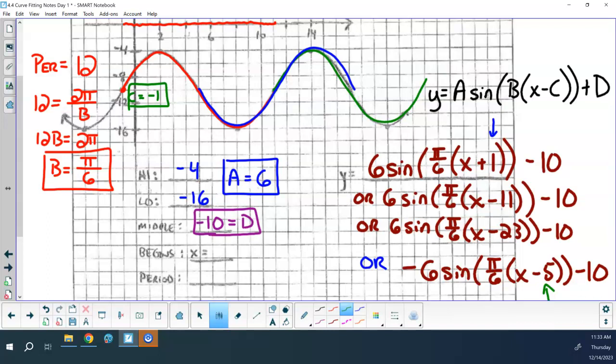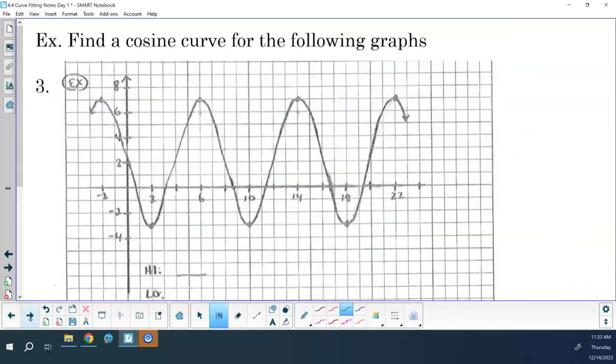Okay? What I would like you to do now is find me a cosine curve for that one at the bottom. Find a cosine curve.